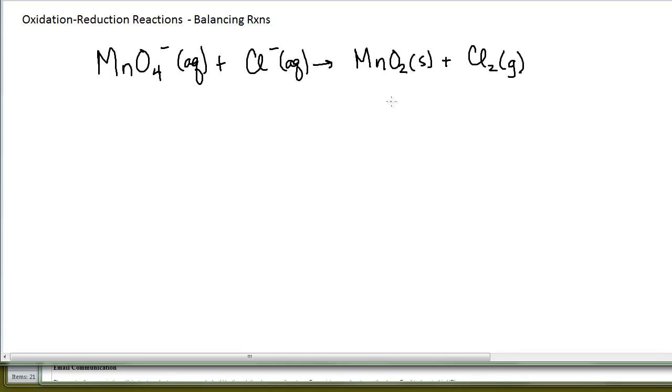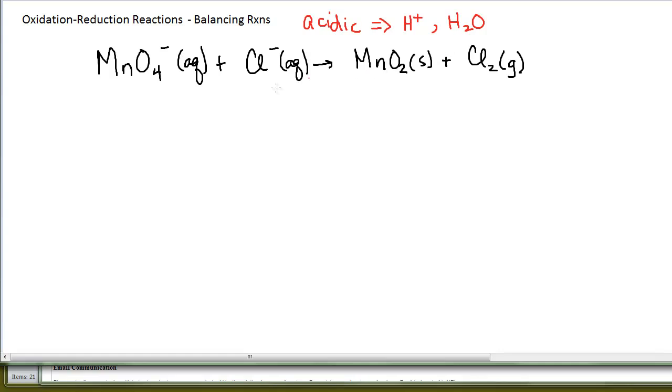And so this is not a trivial go back and forth until you get all the atoms on the left and the right to be equal, because this is taking place in an aqueous solution, and that aqueous solution may be either acidic or basic. If that aqueous solution is acidic, then we have hydrogen ions, H pluses floating around in our water, and we have water floating around that actually may be participating in this redox reaction.